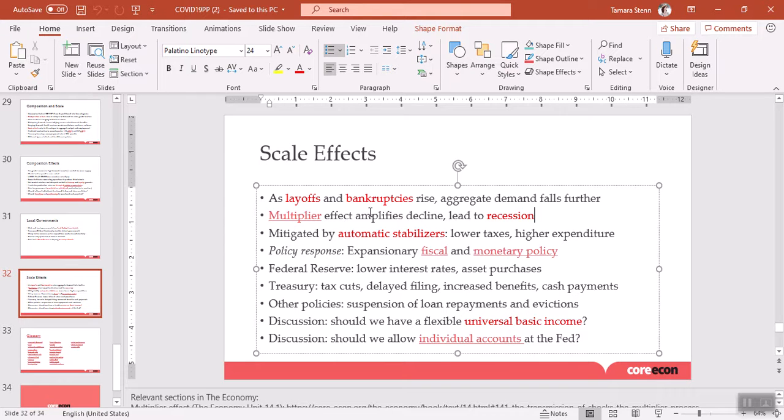So we can mitigate this, right? Mitigate means to address. We can address this by automatic stabilizers, okay? Things that can kind of put a halt to this, sort of alleviate a little bit of this pressure. So like lower taxes, right? And that's something that we've already done. Corporate payroll taxes have been, I believe, either reduced or eliminated.